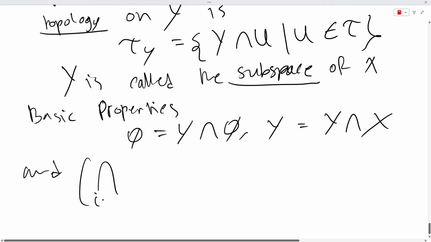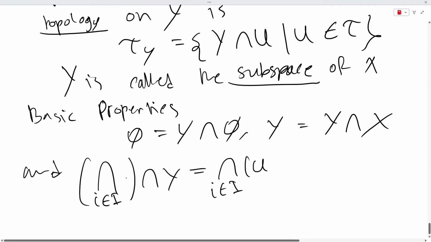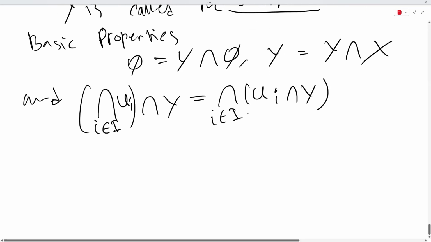Then if we consider a finite intersection of the U_i, intersected with Y, this is just the intersection of the (U_i intersect Y), so we have closure under finite intersections.